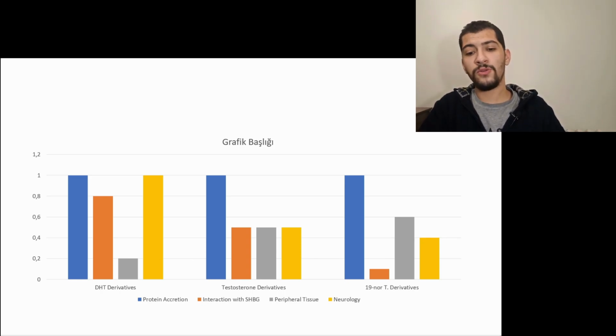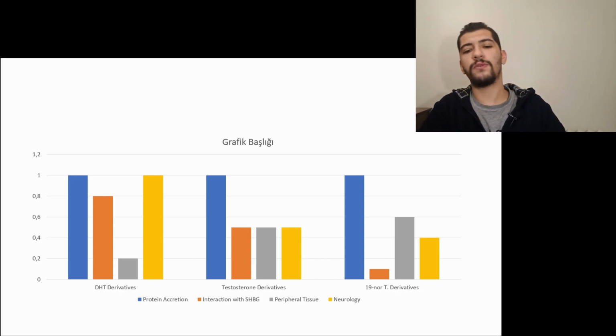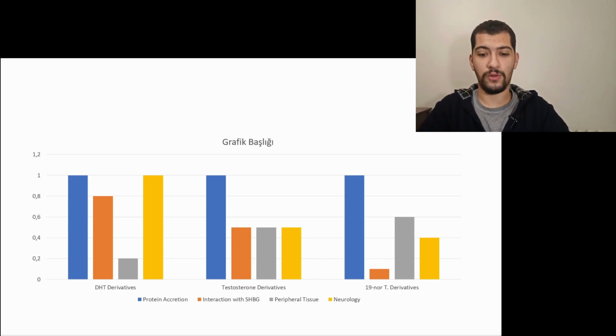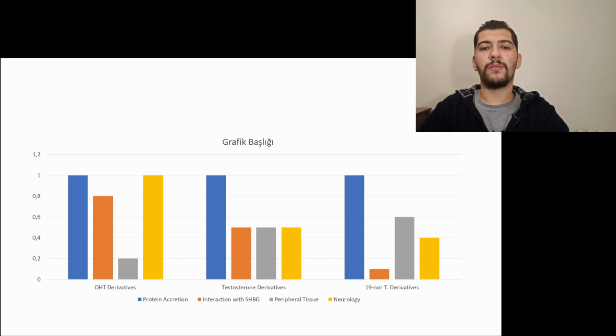The 19-nortestosterones actually have, I would say, a tiny bit more peripheral tissue interaction than testosterone itself. With the 19-nortestosterone family, you can mostly think in injectable drugs, mostly like least hepatotoxic drugs amongst the androgens.